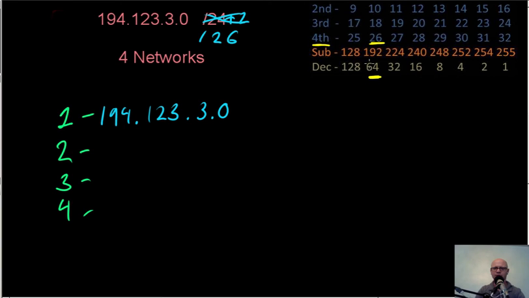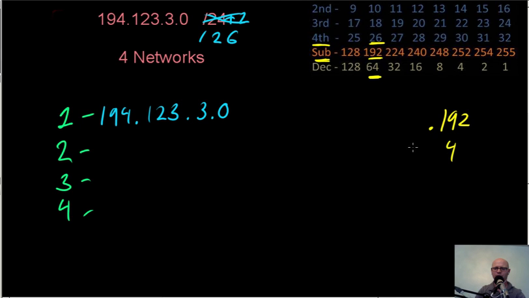You can find out the dotted decimal from the CIDR from this chart. And remember, we use this subnet line. The subnet line tells us 192. 26 lines up with 192, and it lines up with the 4th octet. So that means our 4th octet is going to be 192 in our subnet.